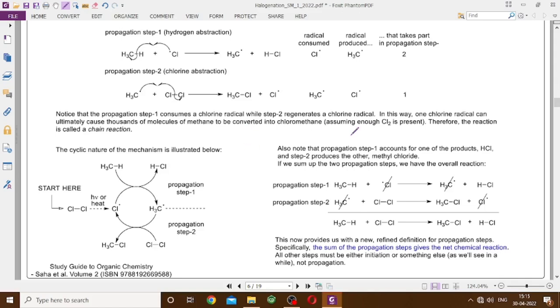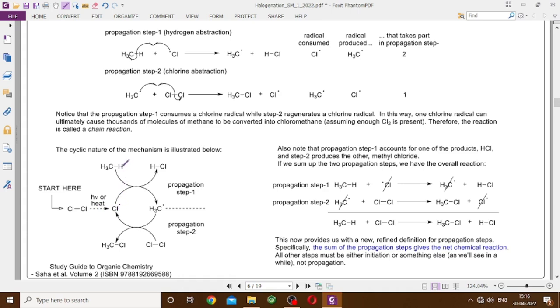Generally it is aesthetically more pleasing, as well as conceptually more interesting and easier to understand, to show it as a cyclic mechanism where you start by homolytically cleaving one chlorine molecule to give you one chlorine dot. Because you are actually getting 2 chlorine dots, but let's say I am following one chlorine dot, and the same cycle will be generated from the other chlorine dot.